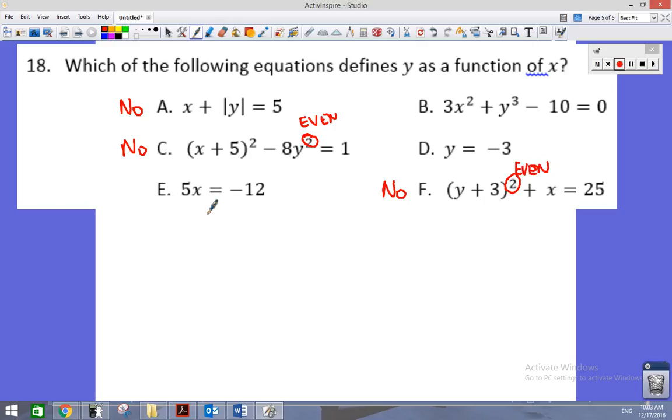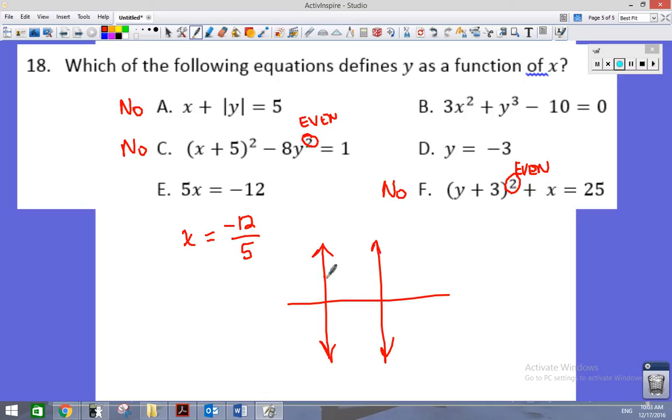Now, for here, 5x equals negative 12. If we solve this for x, this is a vertical line, and if you look at a vertical line, you can find infinitely many points where the same x is related to all of the real numbers. Well, that fails to be a function in the most extreme way.